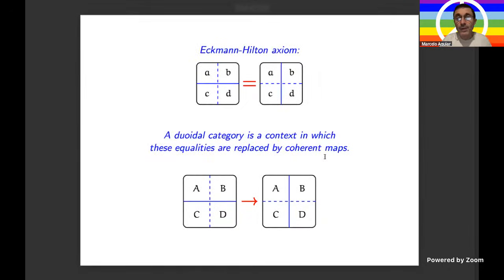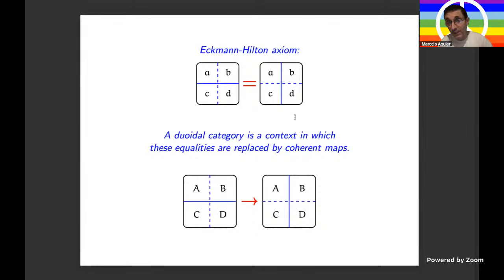If we adopt this pictorial notation for the Eckmann-Hilton axiom, that axiom linking the two operations that we had on the previous slide, vaguely represented by this diagram, on the left this picture represents that you first operate, let's say, across, whereas on the other side, we first operate vertically. Then the Eckmann-Hilton argument is the equality between two such ways of operating: first across, then vertically, or first vertically, then horizontally.